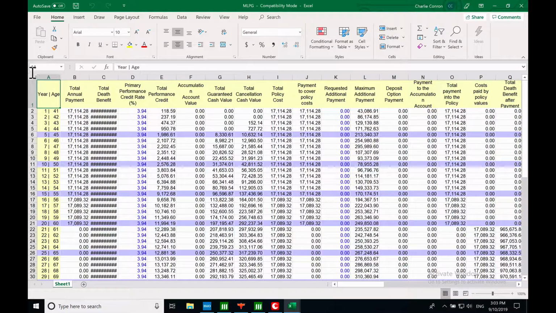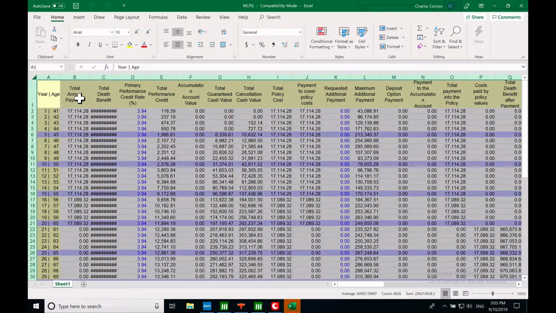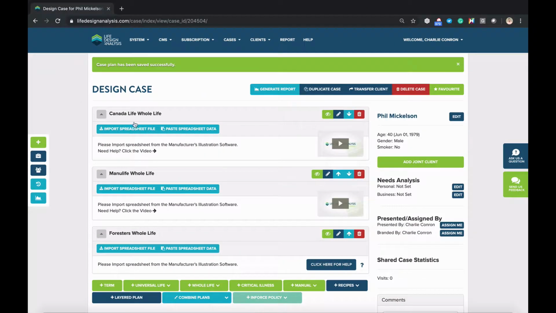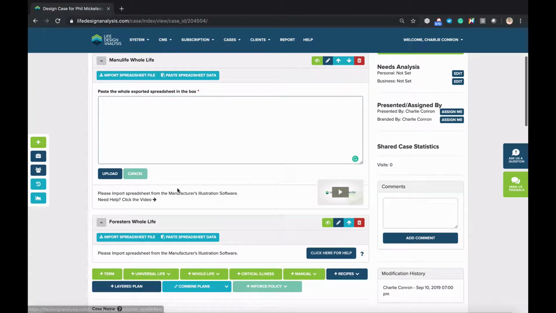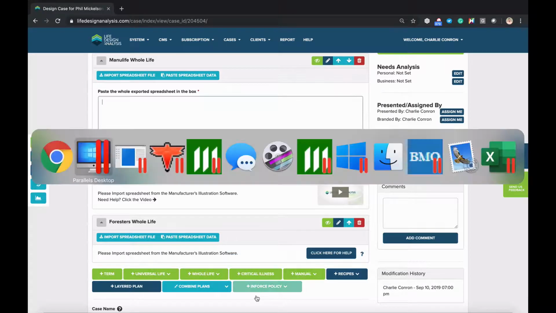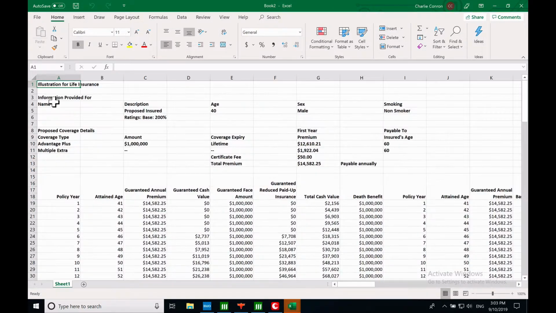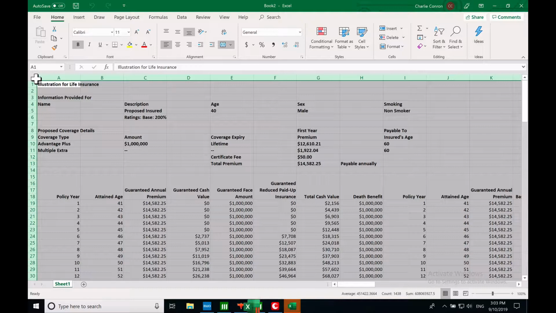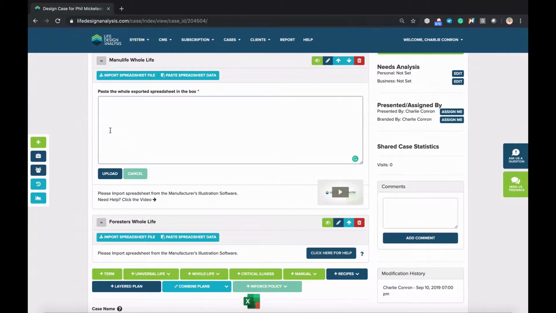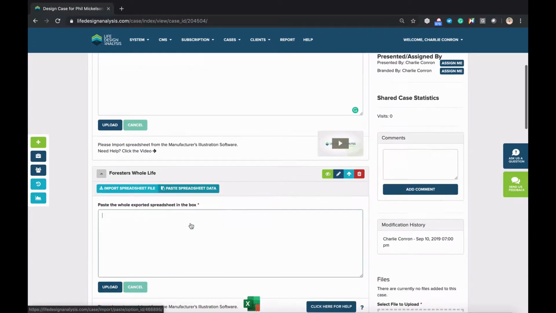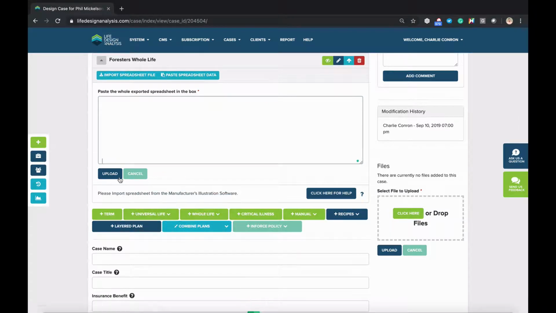You can see I've got my Manulife one here. I'm going to grab the information and copy it, come back over to LDA, and paste it in there. So grab my Foresters, copy it, come back over to Foresters, paste the information in there, and I'll hit upload.